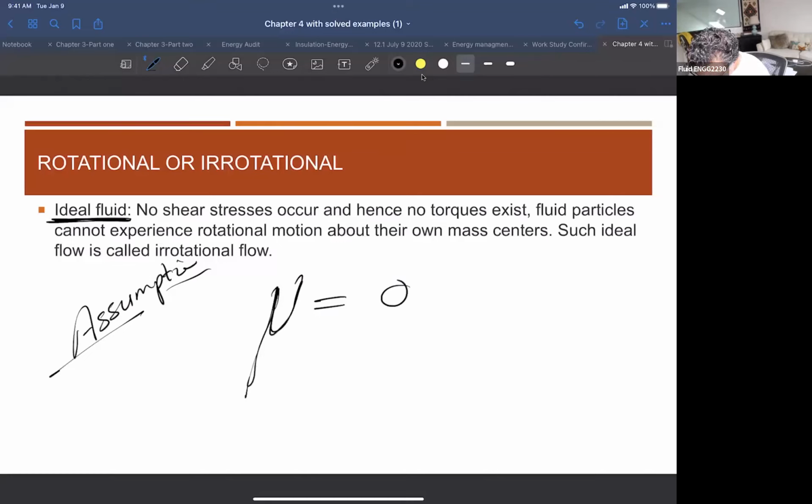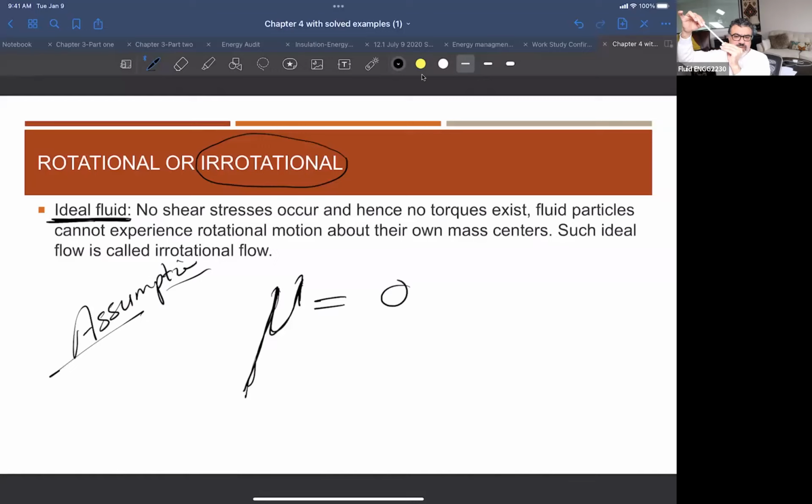And what does irrotational mean? Irrotational and rotational, look at this pen, for example. I don't know if you can see this. If both particles are moving with the same velocity, can you see what I'm trying to explain? I know it's a small window, but if every point in this pen is moving with the same velocity, that means no viscosity effect, you remember?